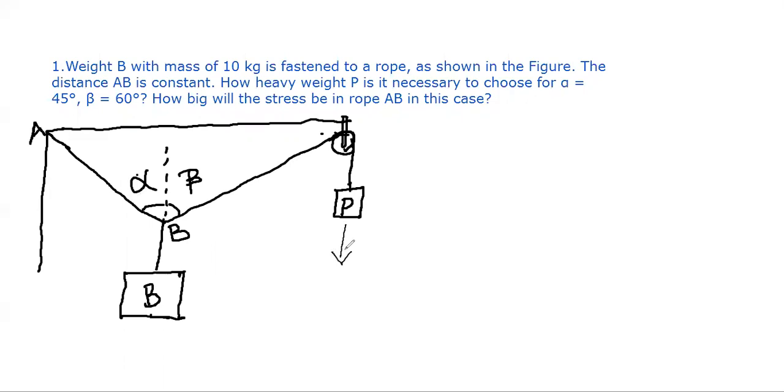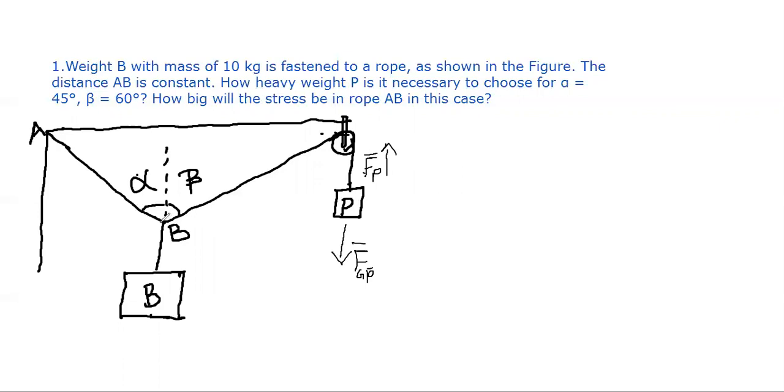That is the weight of P. Let us call it force GP. And there will be a force that we are using to pull this P up, that we call FP. That is the force which is keeping the system in stability. So this force is acting upwards. So these are the two forces acting on P.